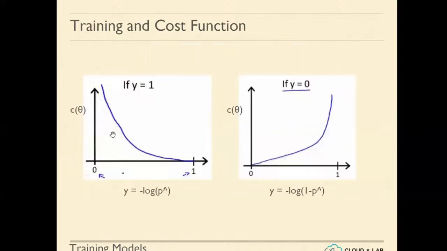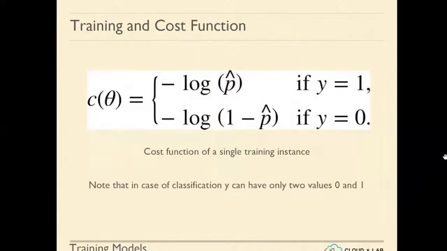Which means if the actual ground truth is positive, then we can use this function, minus log p hat, to add loss or cost if the input does not belong to the positive class.